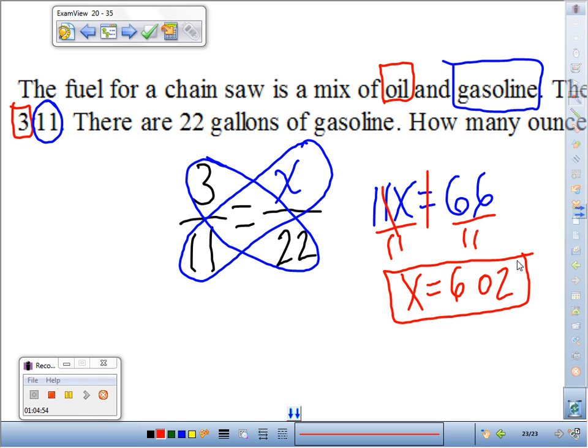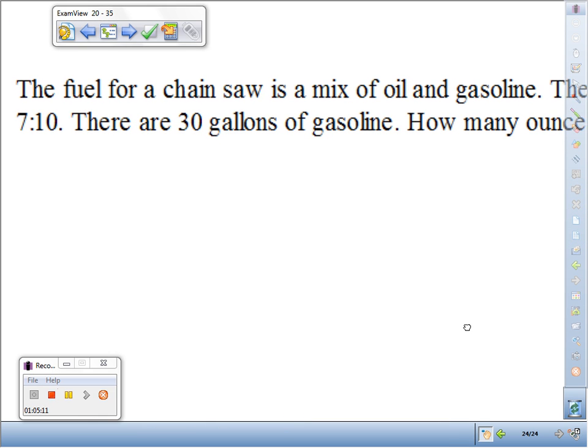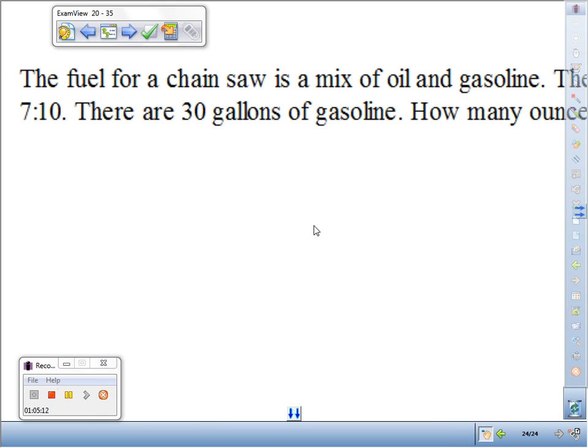Pretty simple? Let's do one more of these, please. Do this one by yourself on your scratch paper. Now, I don't know why some of you missed this one. It was so simple. It says, the fuel for a chainsaw is a mix of oil and gasoline. The ratio that they give us is 7 to 10, and there are 30 gallons of gasoline.